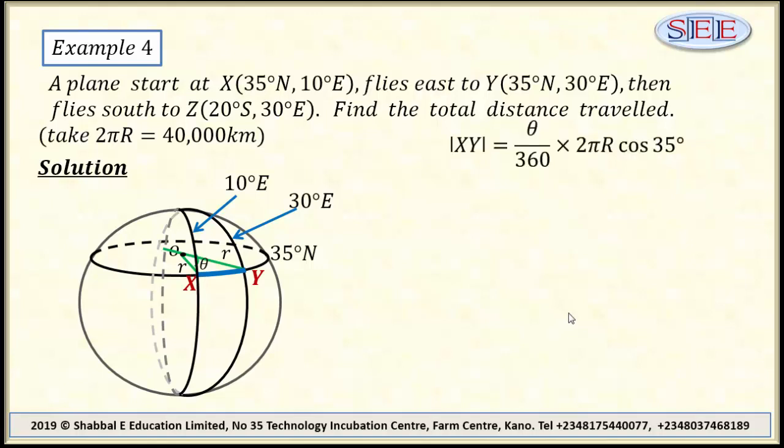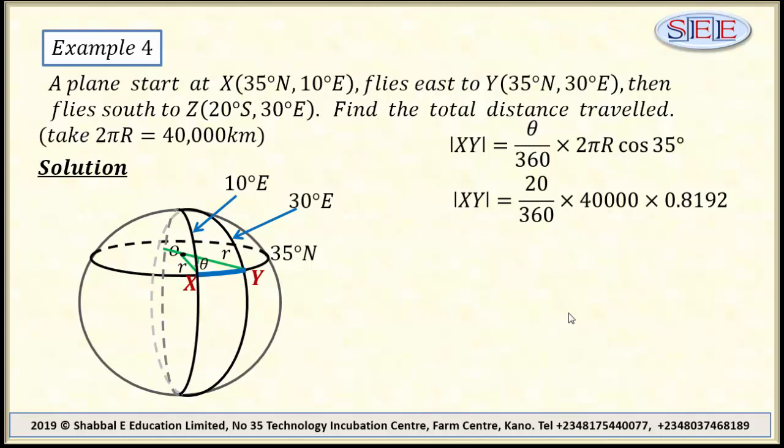So distance xy is now equal to theta over 360 multiplied by 2 pi r cos 35 degrees. 35 degrees is the angle of their common latitude. So substituting, we now have 20 divided by 360 multiplied by 40,000 multiplied by 0.8192.